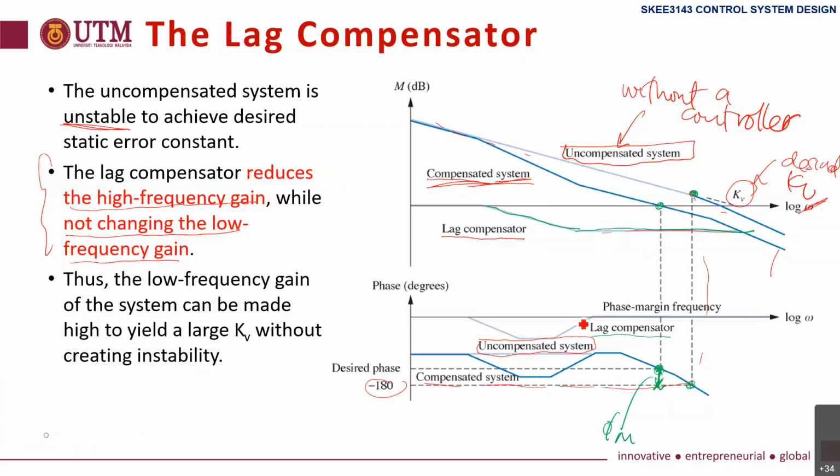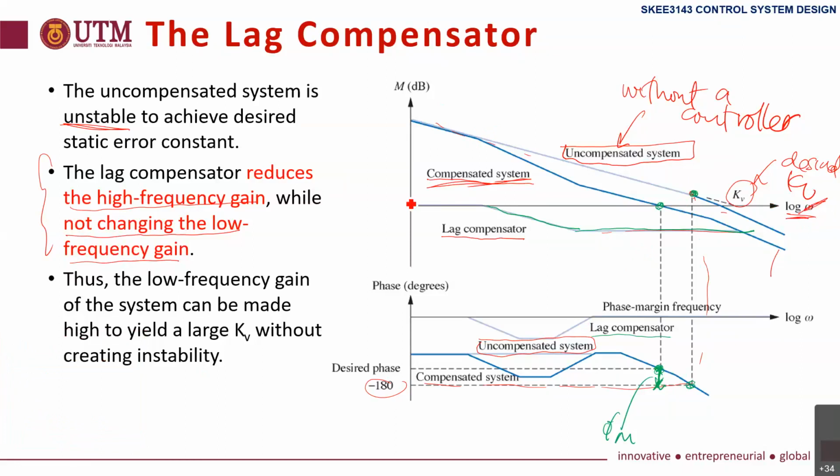In contrast, in the low frequency gain, we will make sure that it is maintained, so that we can achieve the desired Kv. How to achieve that?